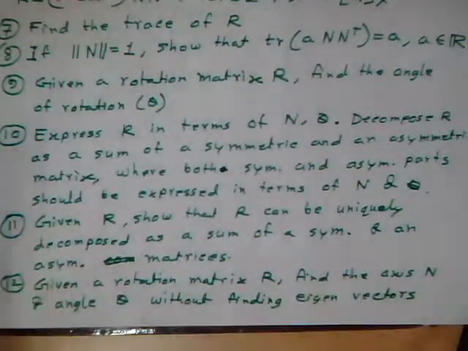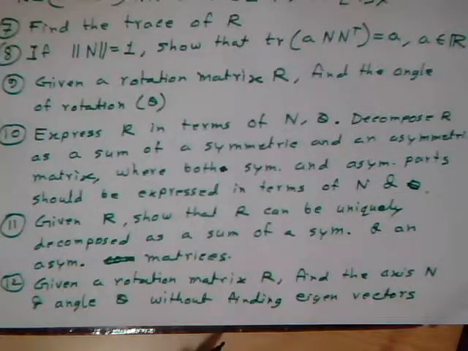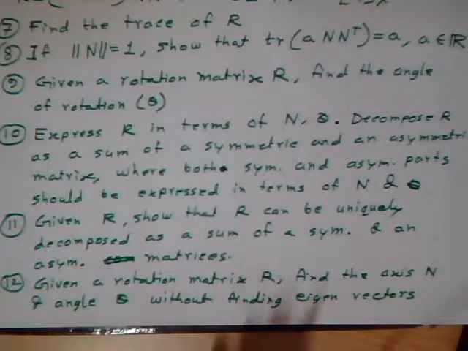So without using the concept of eigenvectors, how to find the angle and axis of a rotation from a given rotation matrix.